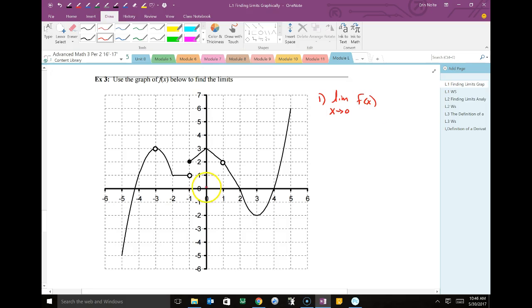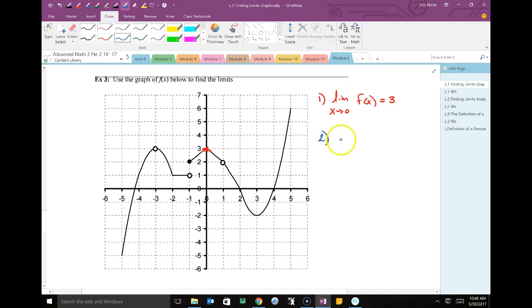If we go to the x value of 0, we're going to this spot. From the left, it's going there, and from the right, it's going to that point. So I would say that the y value it's going to is 3. So the limit as x approaches 0 is 3.